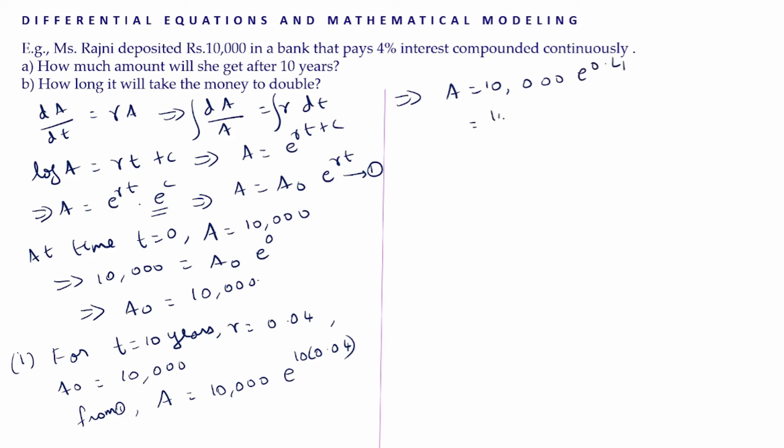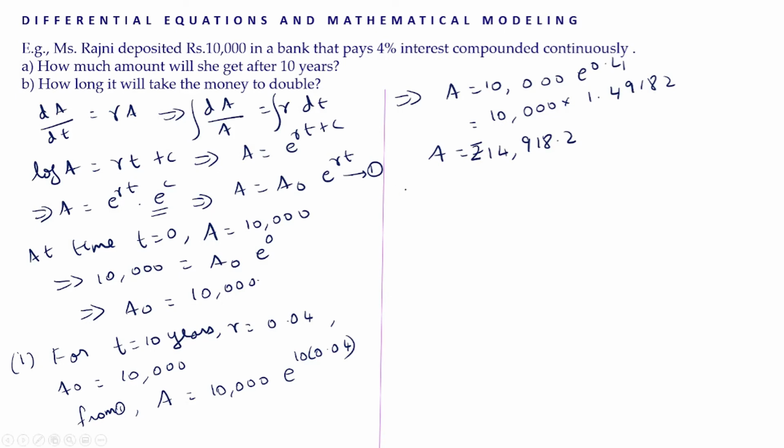Now this e raised to 0.4 is 1.49182. So the amount after 10 years will be 14,918.2. This will be the amount after 10 years if the bank pays an interest of 4% and initially 10,000 rupees was deposited.